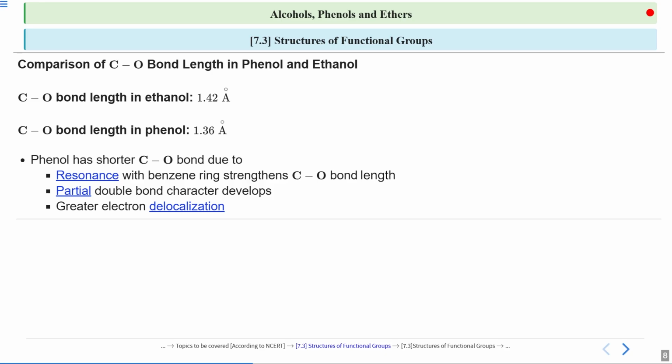Also, the p orbitals show delocalization in the phenol ring. So there is greater electron delocalization, which causes the bond to be stronger and the CO bond length to be slightly less than in ethanol. Thus, phenol has a shorter CO bond length than ethanol.